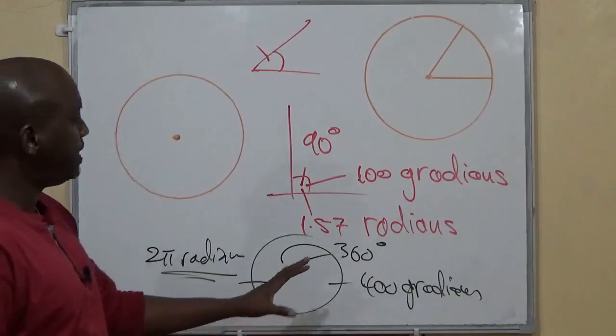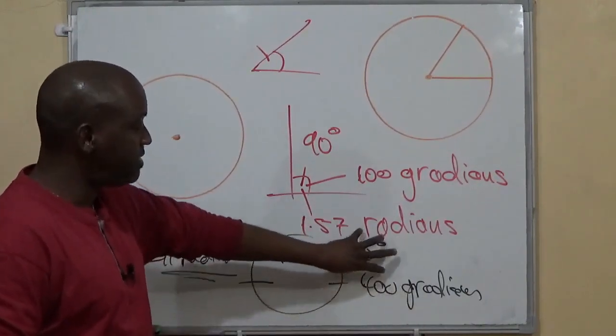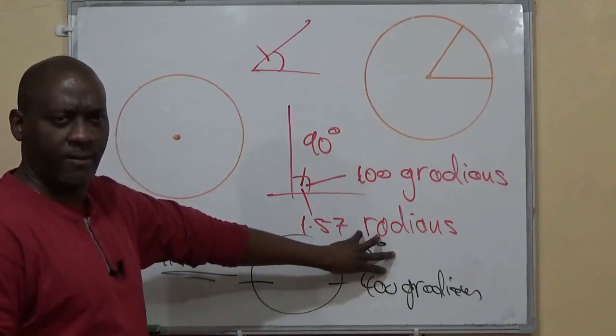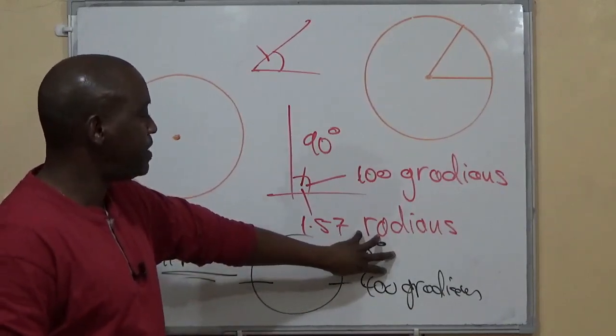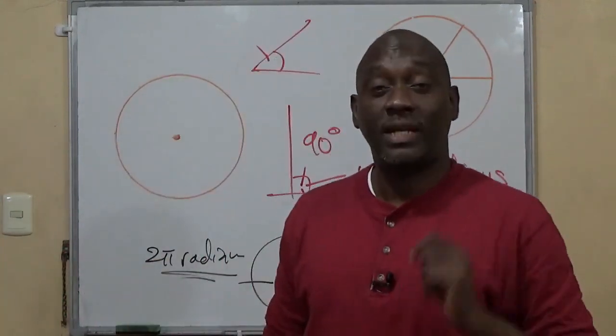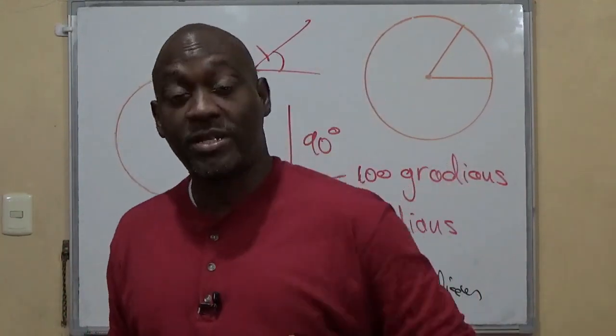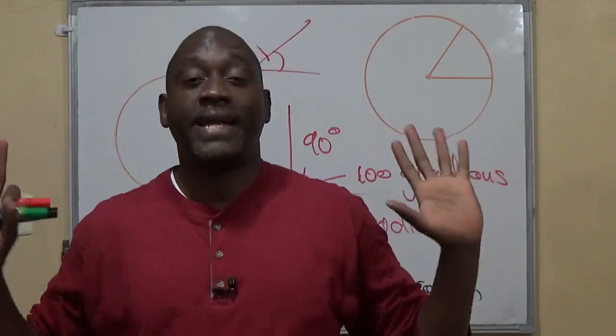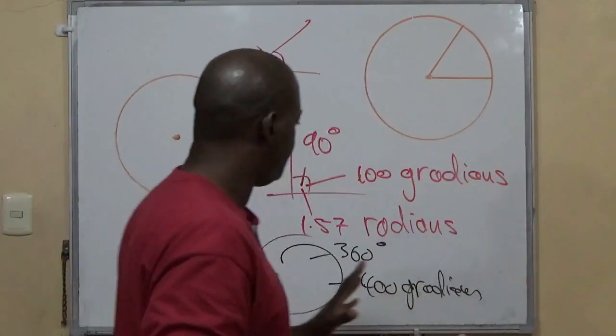So, in terms of degrees, 360 degrees, we know that. Most people, even some who might not be able to do anything else with a circle, will tell you with absolute conviction that there are 360 degrees in a circle. And that is fine. Nothing wrong with that.